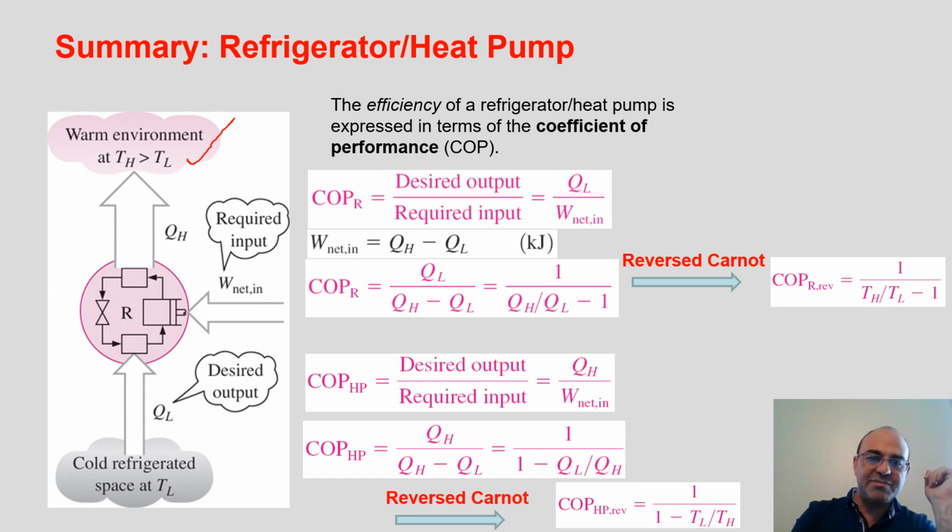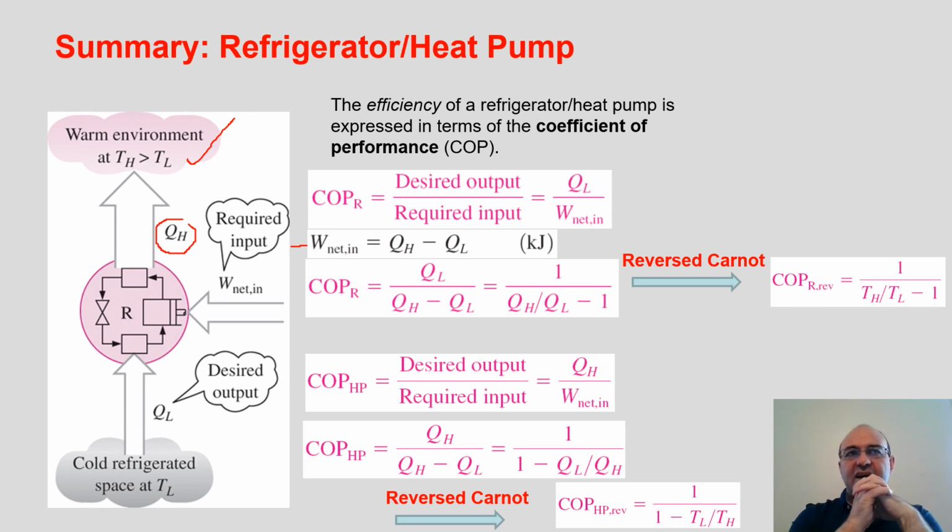So for this system, the first law mandates the energy balance, energy in equal to energy out, delta U again is 0. So energy in, QL plus W net in that you see here, is equal to energy out, which is QH. Efficiency in this case is defined differently.